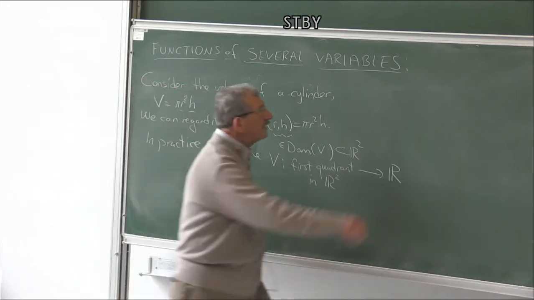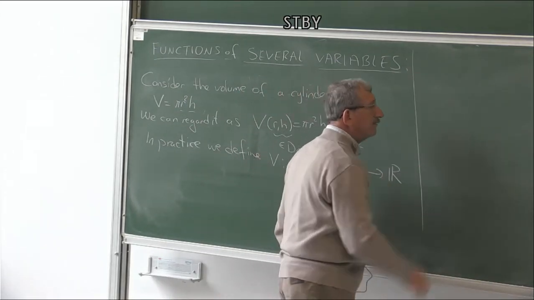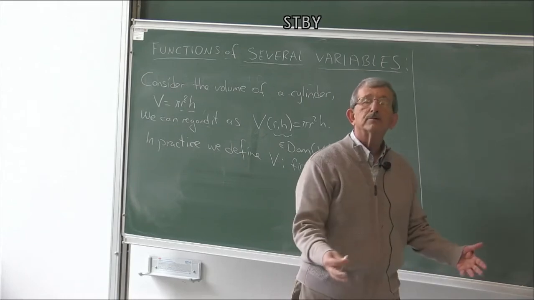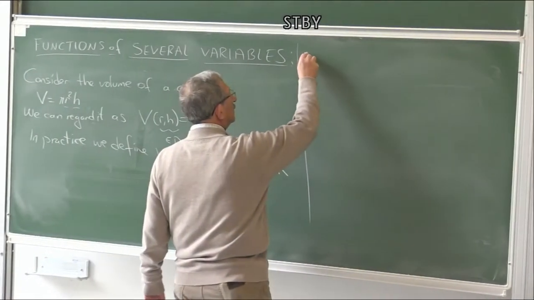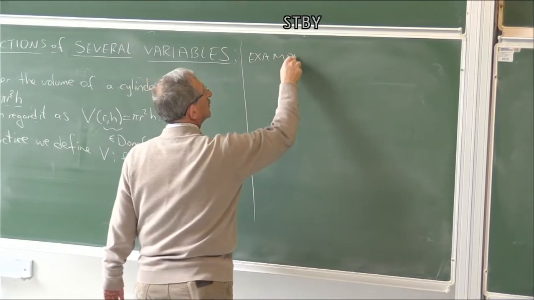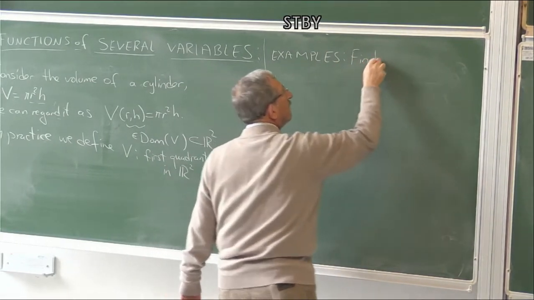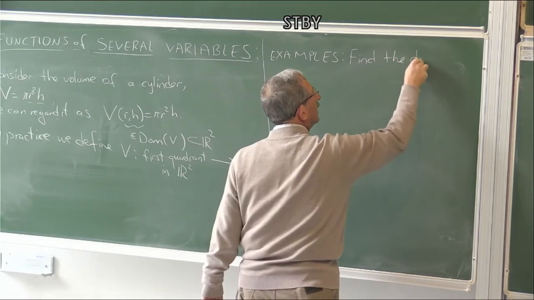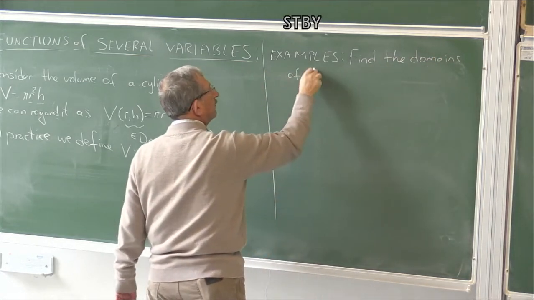Okay. We can generalize this, of course. So we can define functions of two variables. Let me give you some examples, rather. The question is, find the domains of the following functions.